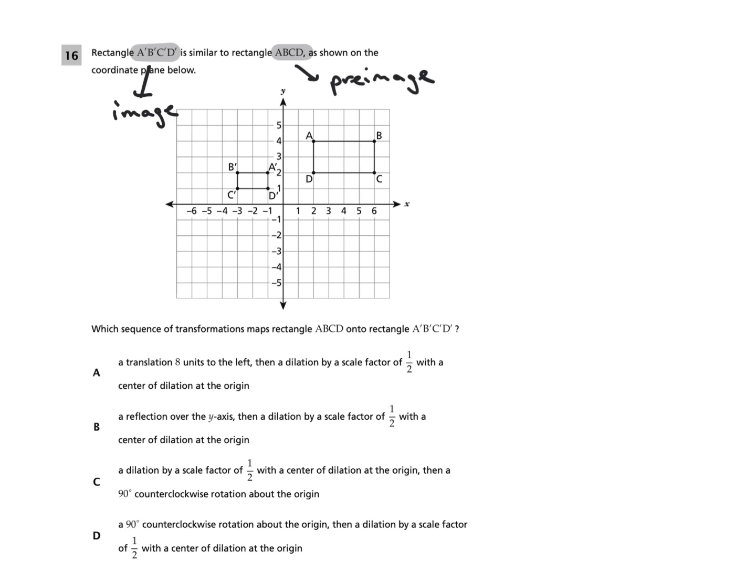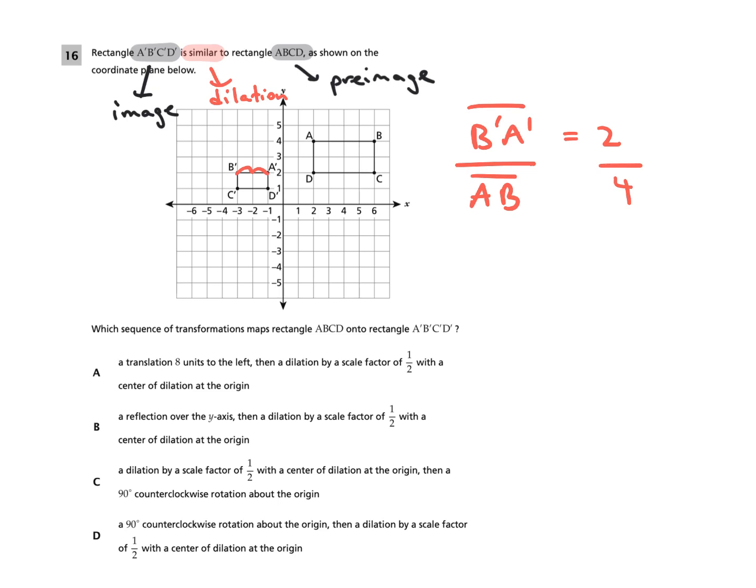Another word that's important here is the word similar. Similar tells us that a dilation has occurred. A dilation changes the size but not the shape of the object. So the first thing I want to do is find the scale factor, okay? So the scale factor is going to be the length of B prime A prime, which is 2, divided by the length of AB, which is 4.